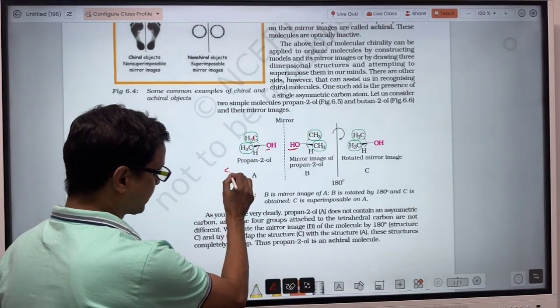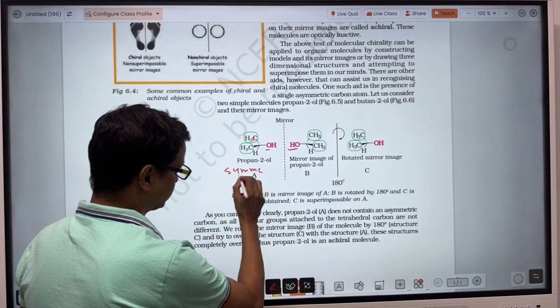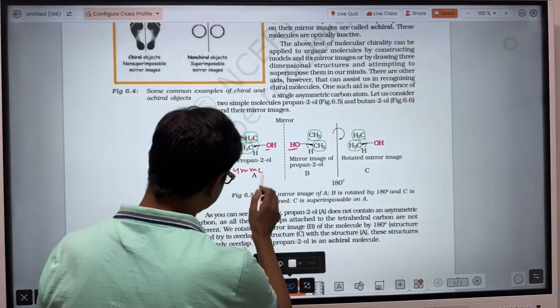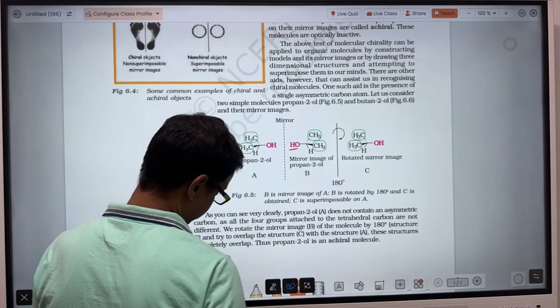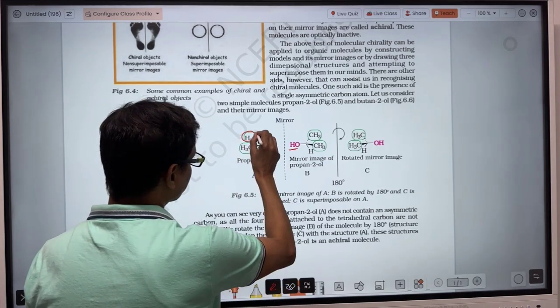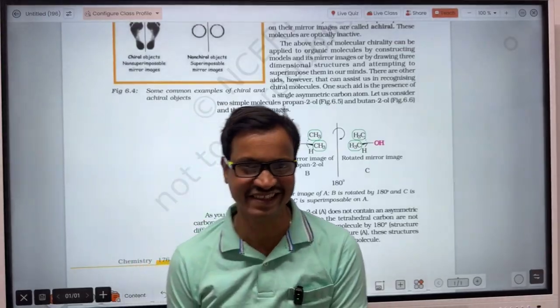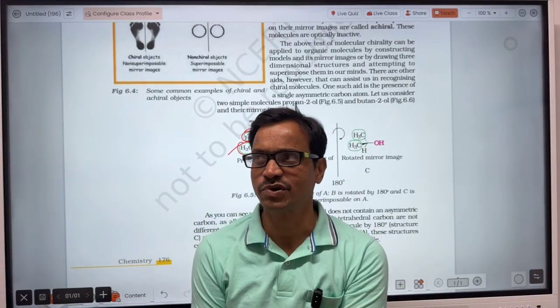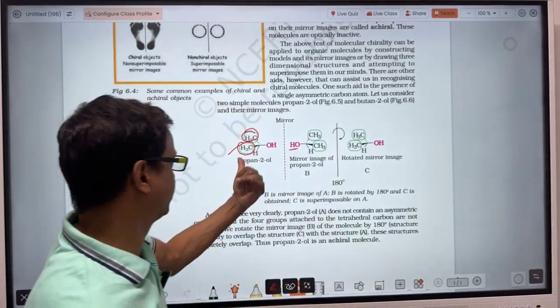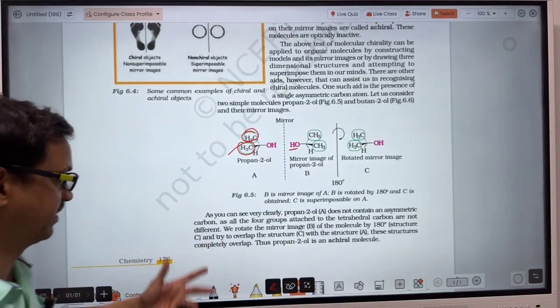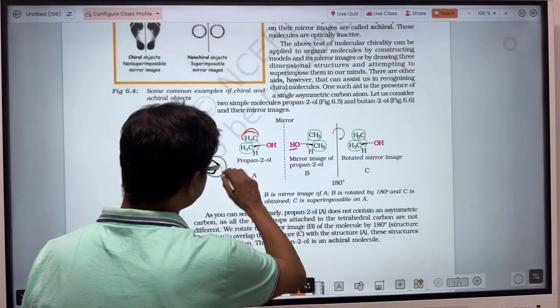So this molecule is symmetrical. That means this molecule does not contain an asymmetric carbon atom. Why? Because this methyl group and this methyl group are the same. Hence we can say that for an asymmetric carbon, all 4 atoms or groups bonded to the carbon must be different.